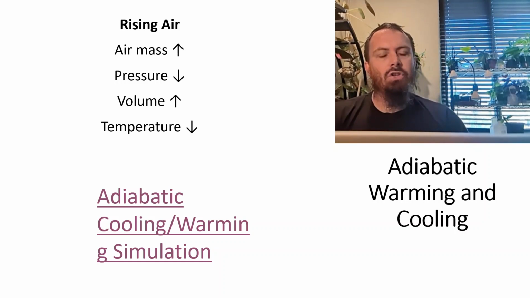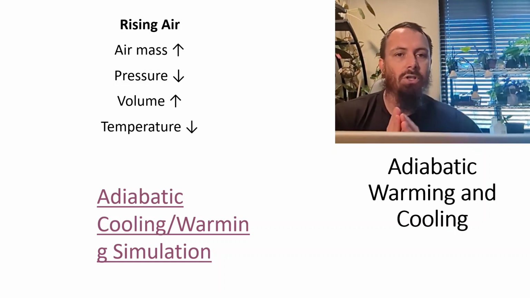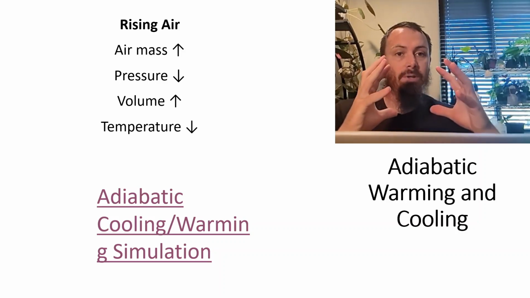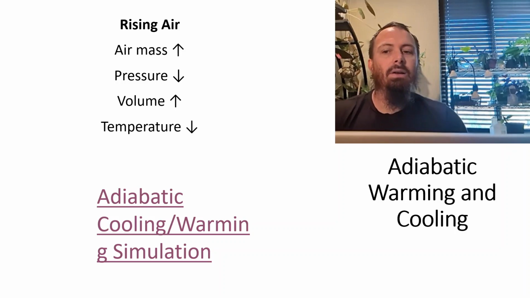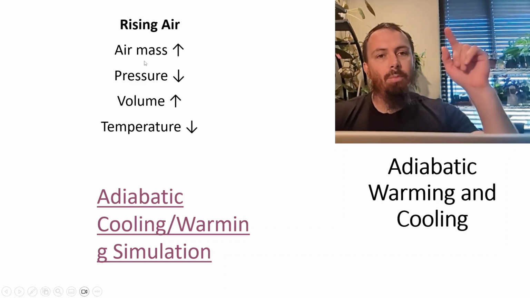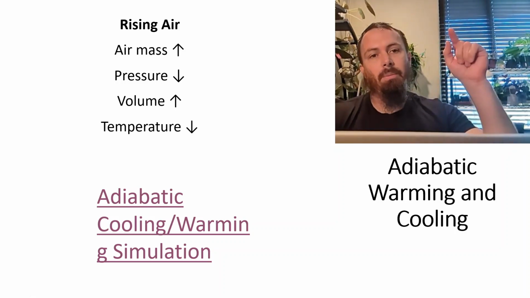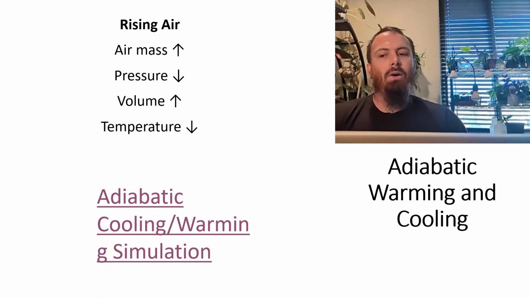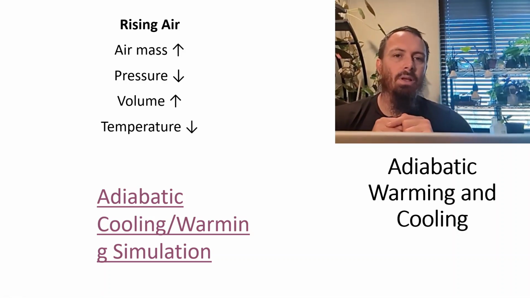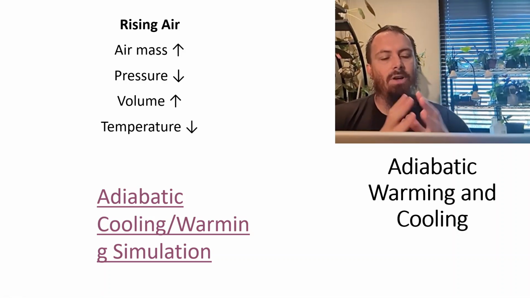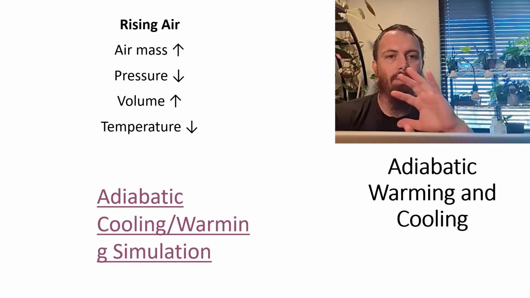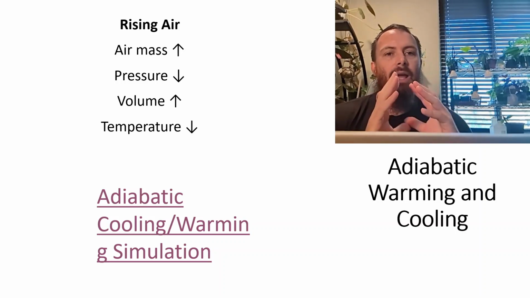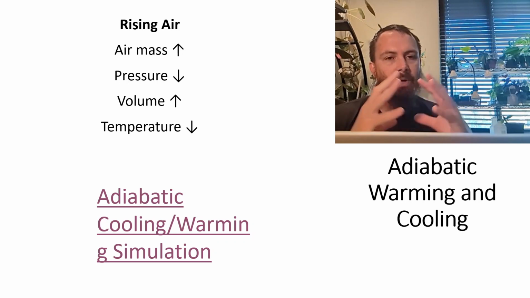But if pressure goes down, just like that chip bag we took from Fresno all the way up, then the volume expands. The bag expands. So as air moves up, pressure goes down, but volume goes up because there's less holding it together, so it starts to push out. Because of that, the temperature also goes down. Say you have a packet of air, just some amorphous packet of air, and you allow it to expand.